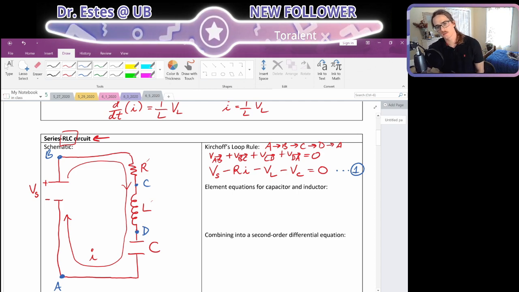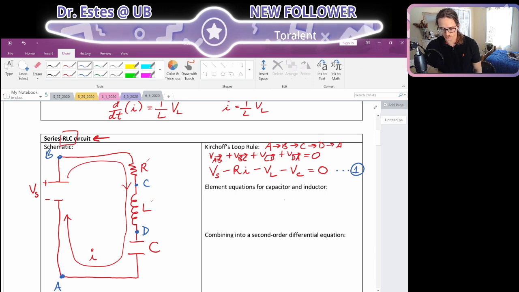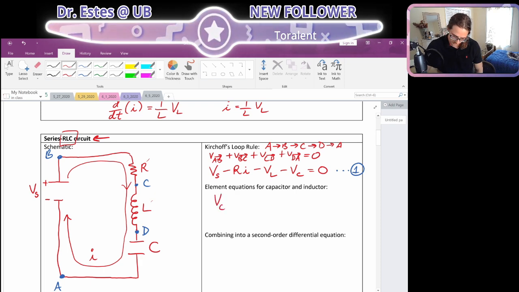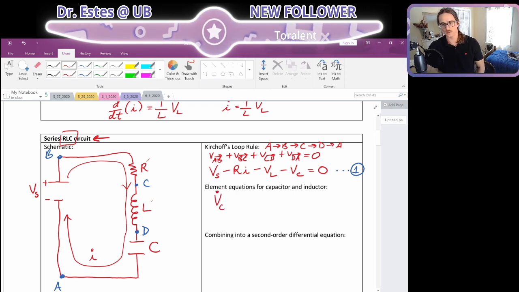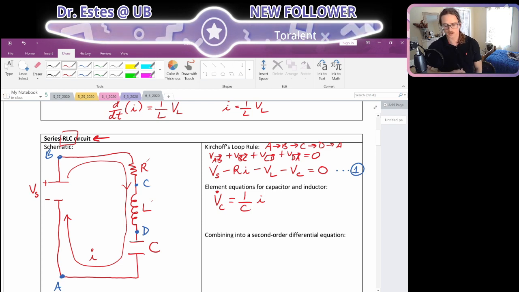Next, I'm going to do the element or constitutive equations for the capacitor and the inductor. If you go back down memory lane, the time derivative of the voltage drop across the capacitor is 1 over C times the current.